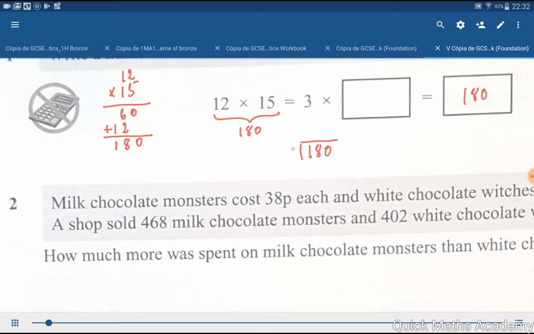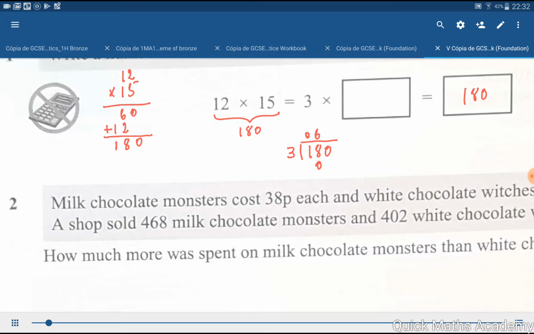If I divide this number by 3, what do we have? Well, how many times can I put 3 inside 1? 0. How many times can I put 3 inside 18? Well, 3 times 6 is 18, okay?